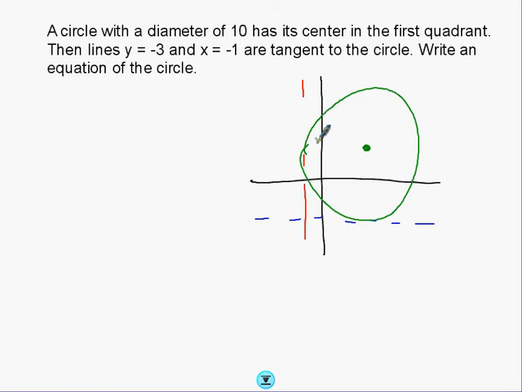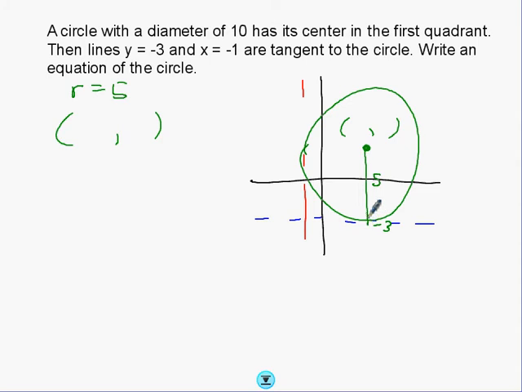Okay. The diameter is 10, so that means the radius is going to be half of 10, which is 5. So we've got the radius. If we want to write an equation, we need the radius. Check. We need to know the center of the circle, (h, k). Okay, well, let's see. This right here is negative 3.